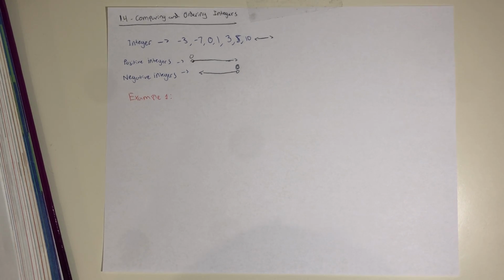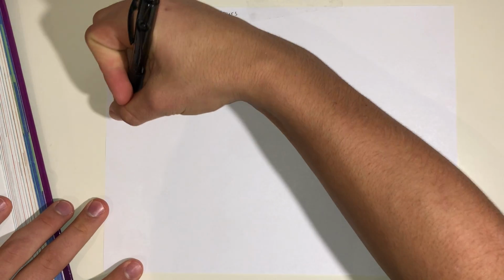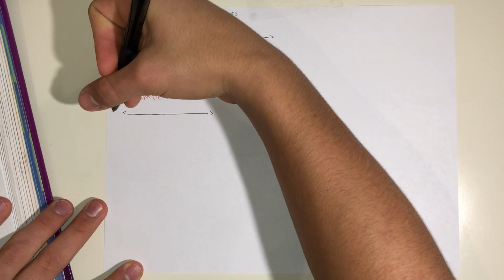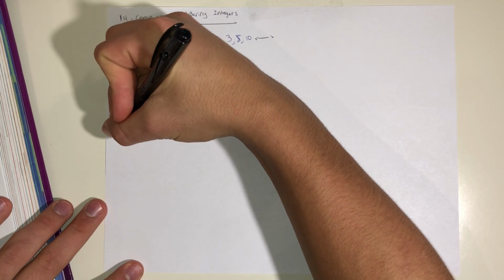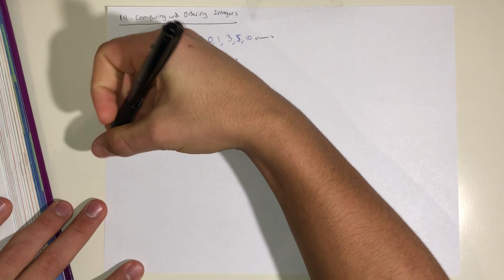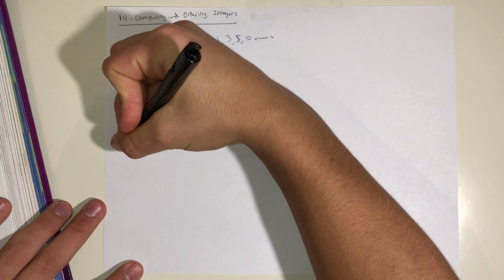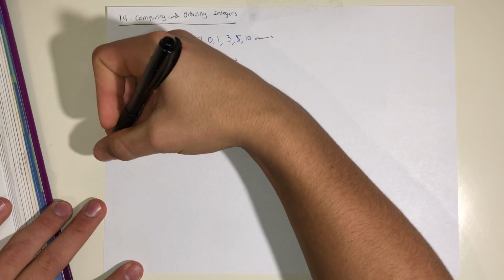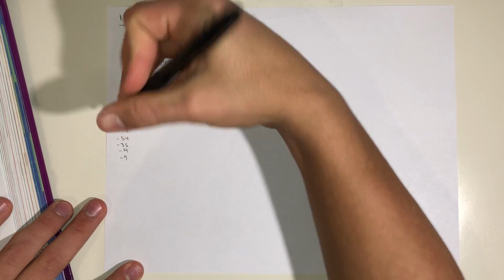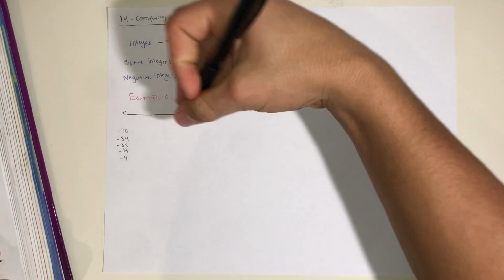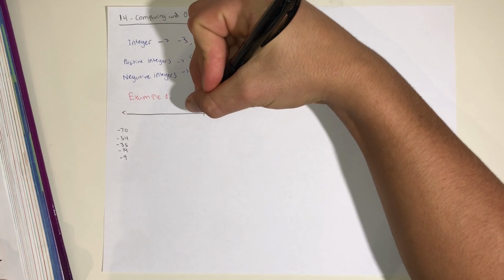So when we graph integers on a number line, the first thing we have to do is make a number line, and the points we have to graph are negative 70, negative 54, negative 35, negative 19, and negative 9. These are all negative integers. So let's say this is 0.